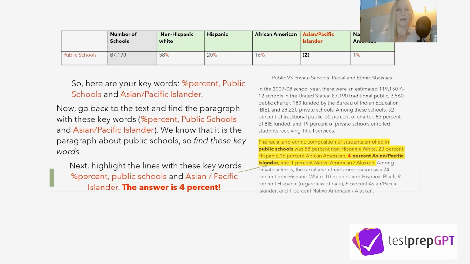The racial and ethnic composition of students enrolled in public schools was 58% non-Hispanic white, 20% Hispanic, 16% African American, 4% Asian Pacific Islander, and 1% Native American Alaskan. So if you look at the word percent, the words Asian Pacific Islander and public schools at the beginning of the paragraph, we can see that the answer is 4%. So that is your answer, 4%.